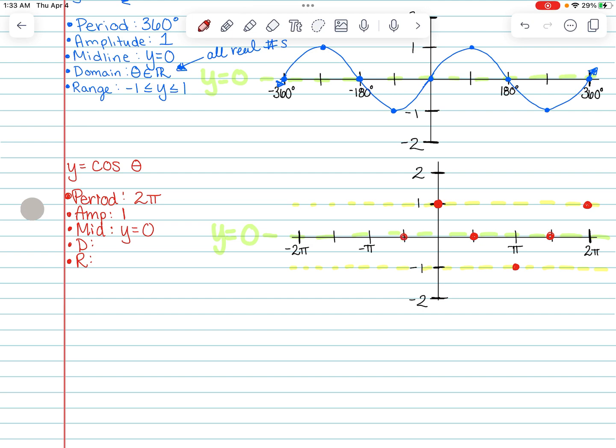Okay, moving to the left, I was at the maximum. I have to go downwards then. After max, I hit midline, then minimum, then midline, then maximum. I always have to go all the way from max to min before I change directions. My cosine function looks like the sine function, sorry.